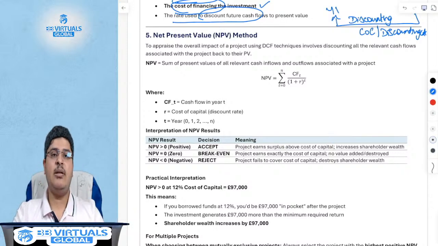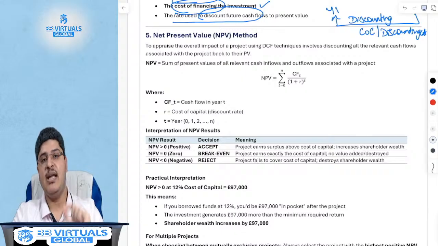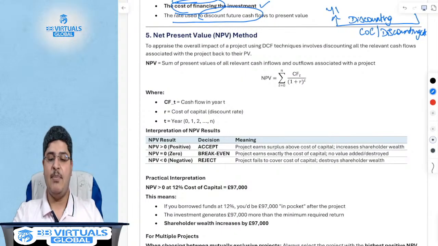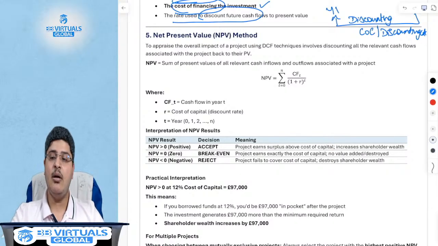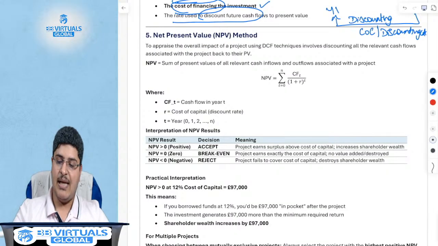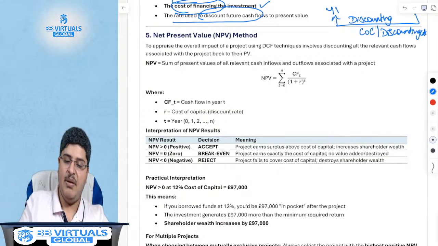The other method that we had studied was the payback period method, which is in how much time period will you get back the money that you would have invested. That is the concept of payback period. This is the third concept of evaluating investments, which is the net present value method, which makes use of discounted cash flow techniques. What is the NPV method?